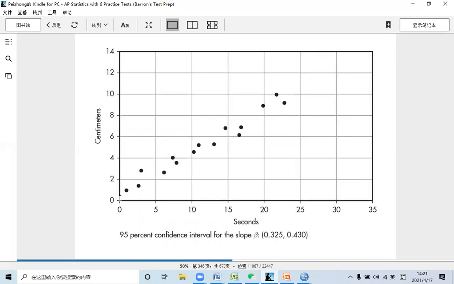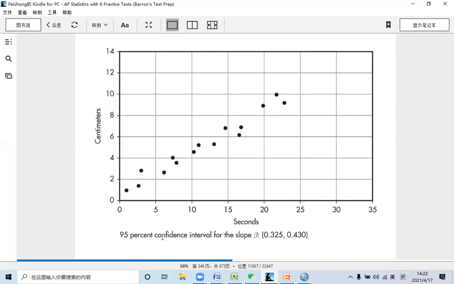So how far they crawl: 0, 1 second, maybe 3 seconds. The longer time passes, the further away they are crawling. That's a correlation.